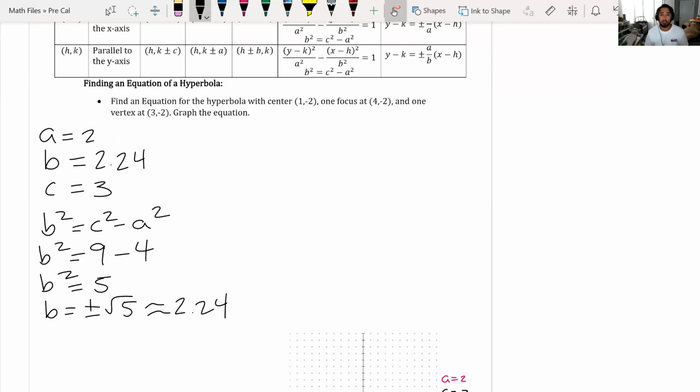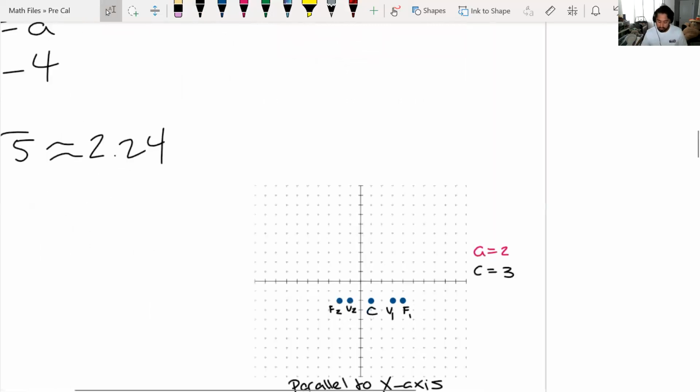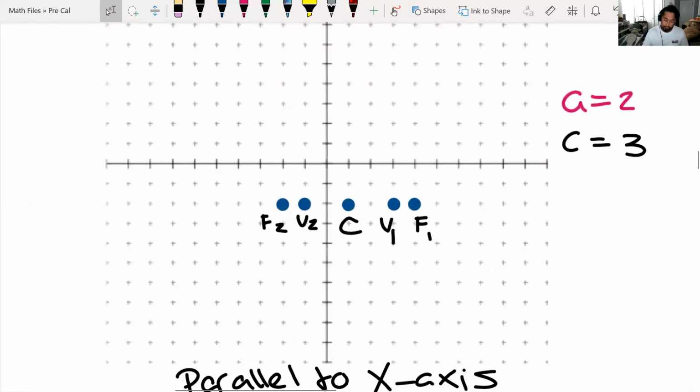And now we can find the minor points. So we can go back down to the graph. And from the center, we'll go up 2.24 and down 2.24. So 1, 2, point 24, 1, 2, point 24. So minor point 1, minor point 2.